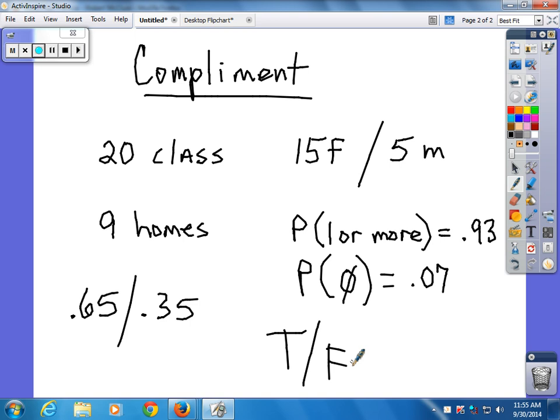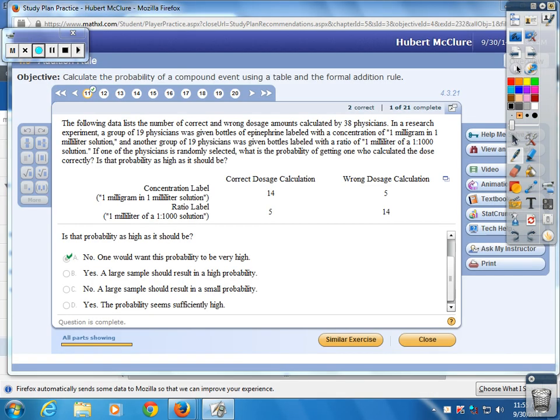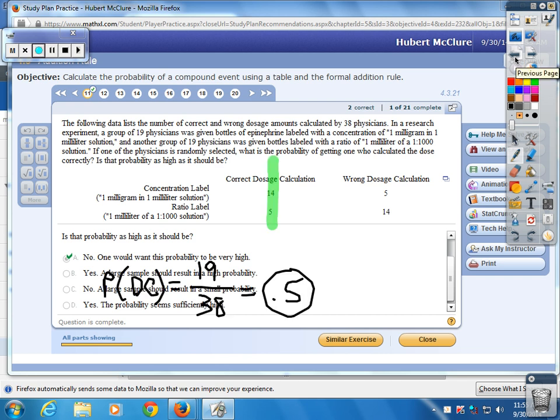Now, what does it have to do with the question? Well, in this question, we found the probability of 19 over 38 is 0.5. So what is the probability of the doctor not giving the right dosage? 0.5.